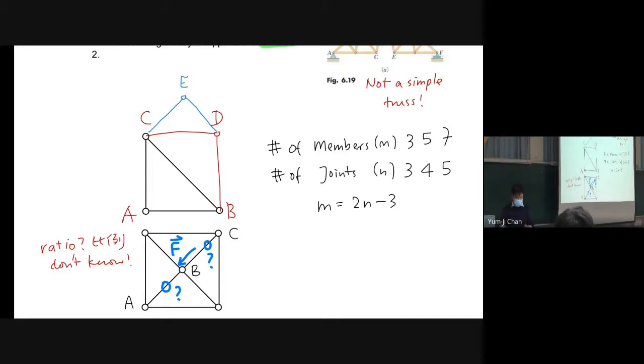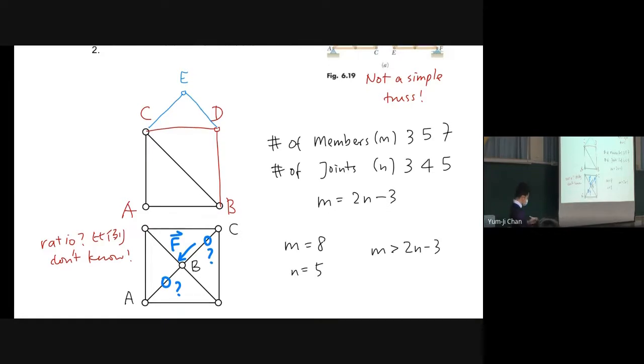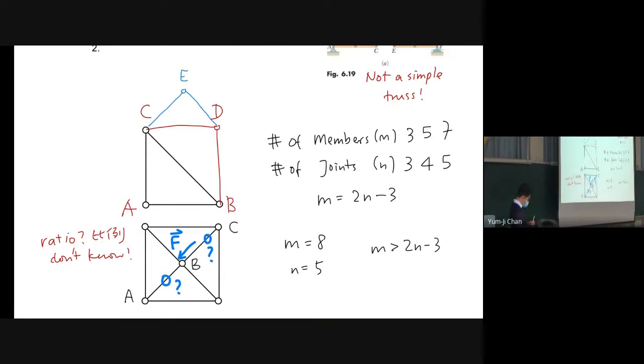So in this case, let's count the number of members and joints here: 1, 2, 3, 4, 5, 6, 7, 8. We have 8 members and 5 joints, and m is larger than 2n minus 3.